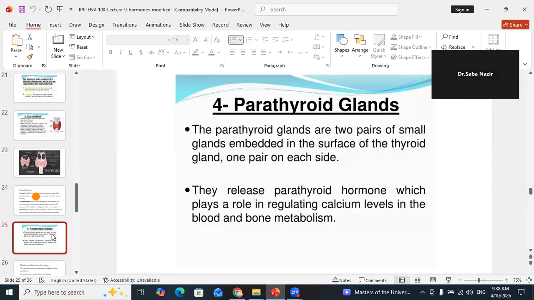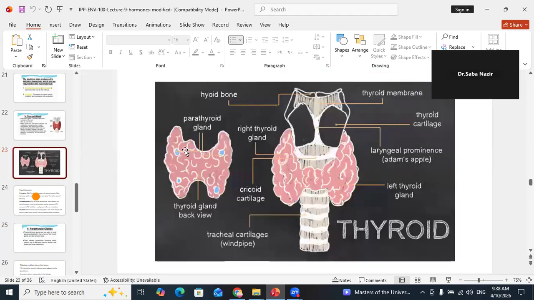Parathyroid glands are two pairs of small glands embedded in the surface of the thyroid gland. Do you agree with this description? There are two pairs of small glands. They are embedded in the thyroid gland. No, it's four. No, two pairs, beta. One pair and two pair. They are not four pairs.